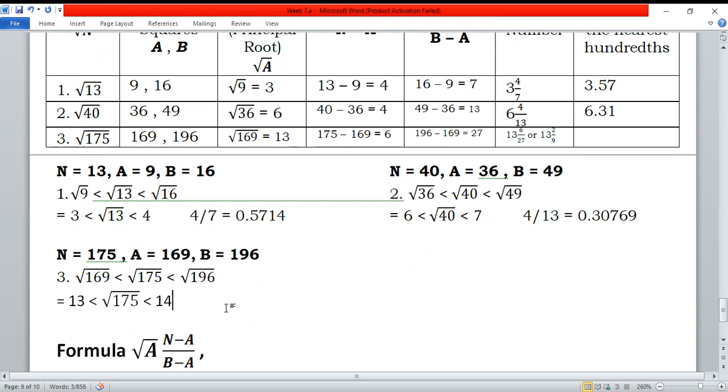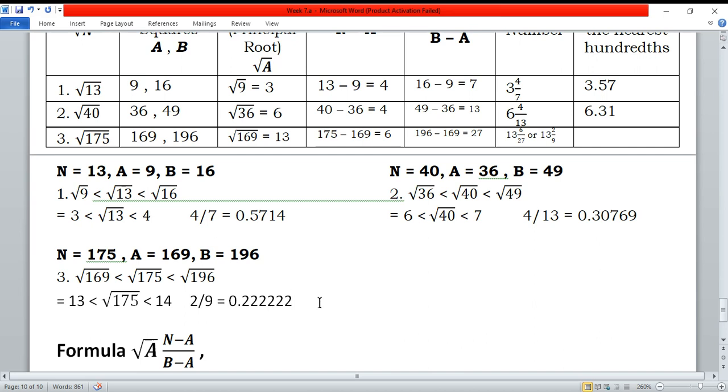So, ngayon, di-divide natin yung 2 divided by 9 equals, what is 2 divided by 9? Pwede naman kayong gumamit calculator. 0.22222. Okay, ito repeating siya. Repeating decimal.